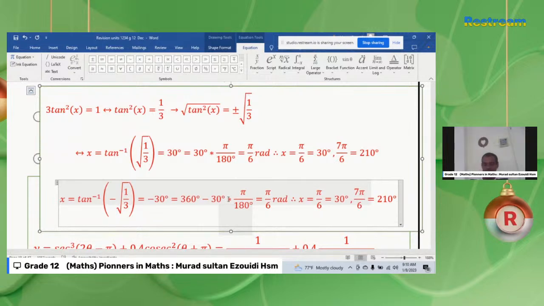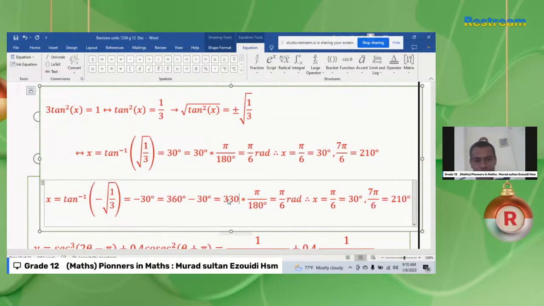Why? Because in the second quadrant, cosine is negative and sine is positive. Positive over negative is negative. And in the fourth quadrant, cosine is positive and sine is negative. So negative over positive will be negative. That's why in the second and the fourth quadrant, tangent is negative. So 360 minus 30 degree gives 330 degree.